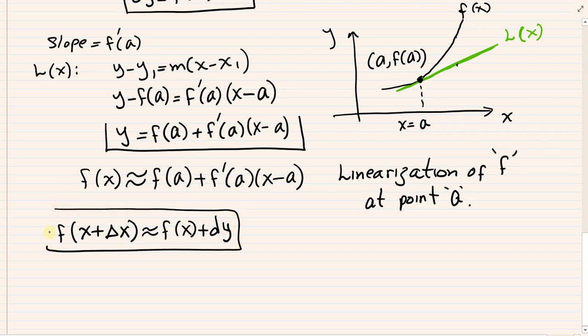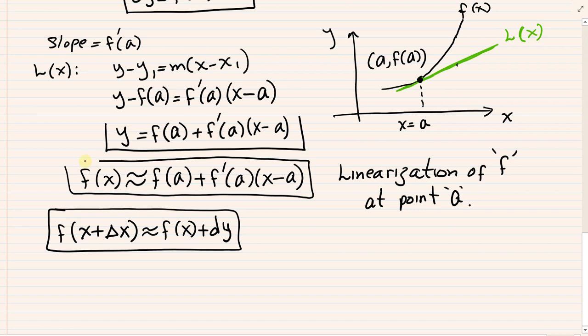That would be the approximation to the function at the point x plus delta x. The one above is the linearization, which means you can approximate it using the line. But the one below goes back to the idea of increments and differentials.